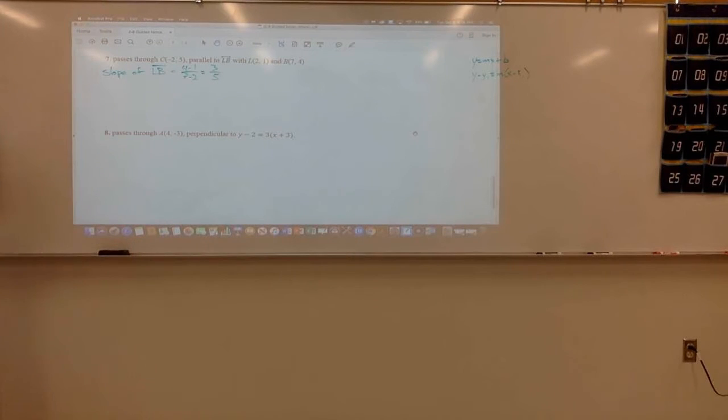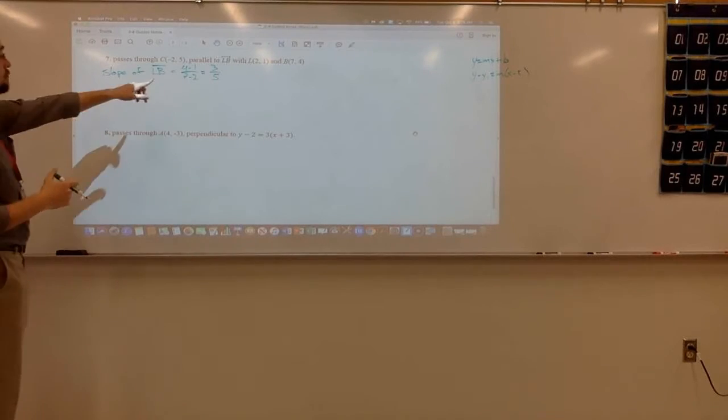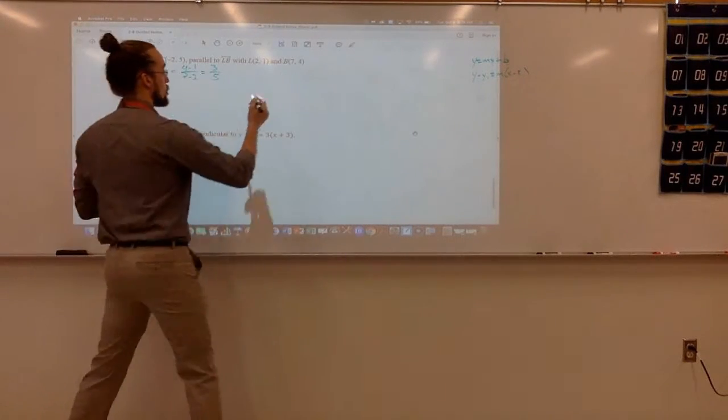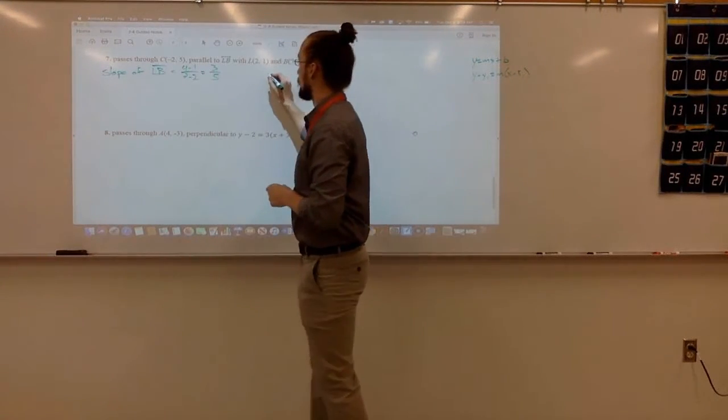We get 3/5. So what's the slope of my new line going to be if I want it to be parallel to this one? The same, 3/5, right? So I want a line that goes through this point, the slope of 3/5.